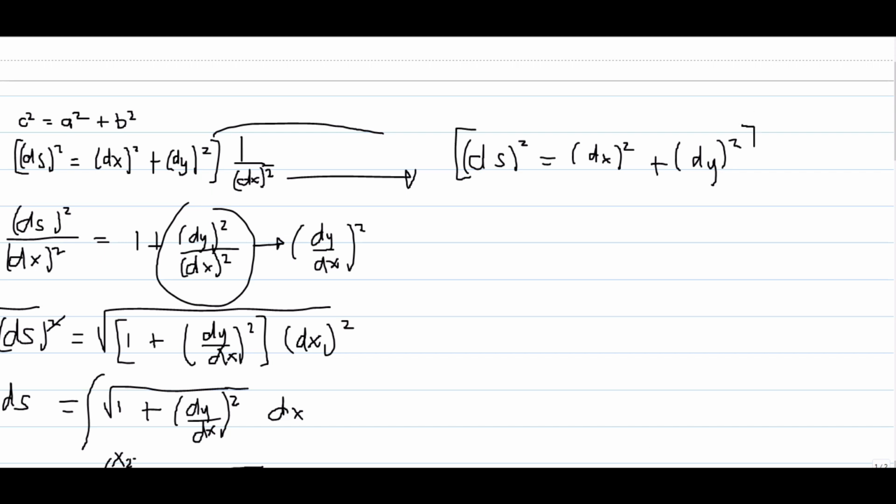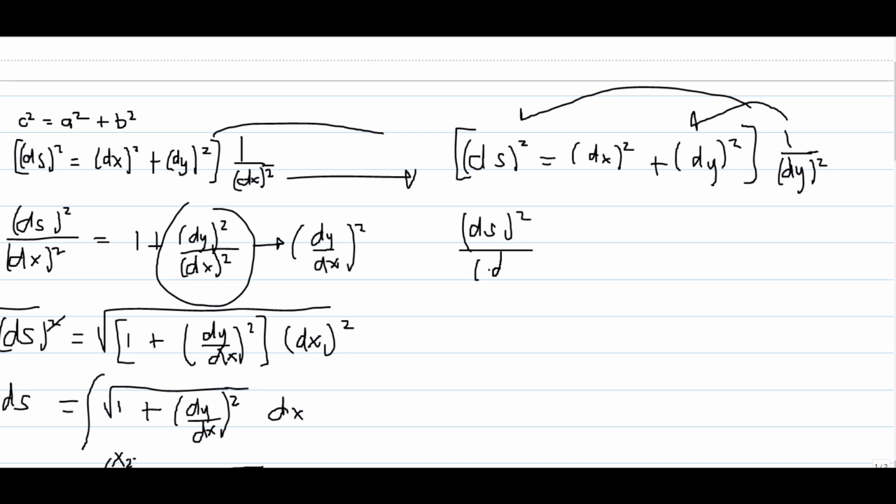If we multiply by 1 over dy squared on both sides, we have the quantity of ds squared over the quantity of dy squared, equal to the quantity of dx squared over the quantity of dy squared, plus 1, since the quantity of dy squared over dy squared is equal to 1.